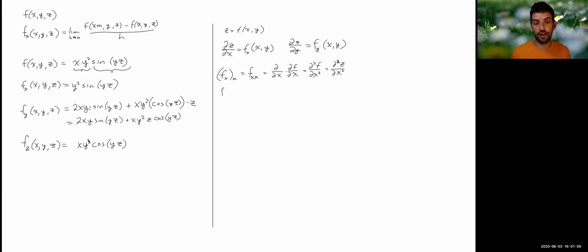But we could also take that function of 2 variables and take a derivative with respect to y. All right, and again, we get a whole bunch of different notations, but they all mean the same thing.